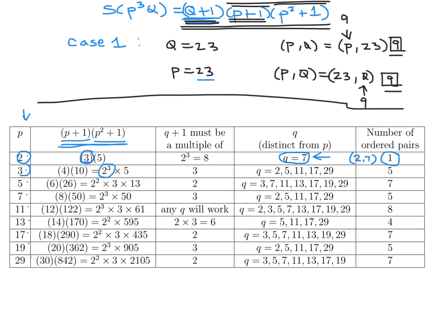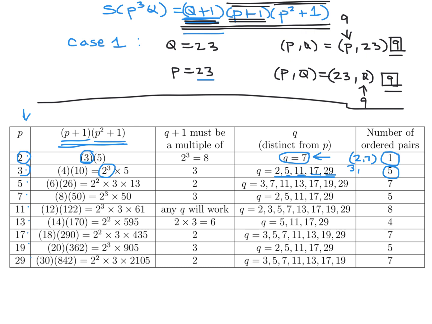And if we have any multiple of 3, 8 times 3 is 24. So when Q is 2, for example, this guy here becomes 3. That works. When Q is 5, it becomes 6, which is a multiple of 3, and similarly 11, 17, and 29. So now we have 3 for the value of P, and any of these guys for the value of Q. So 3, 2, 3, 5, 3, 11, 3, 17, and 3, 29. So that gives you another 5 ordered pairs.